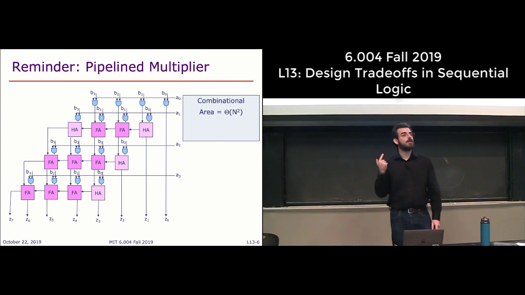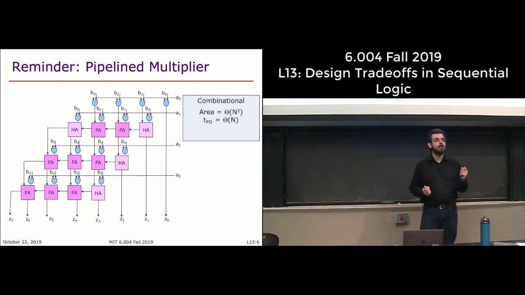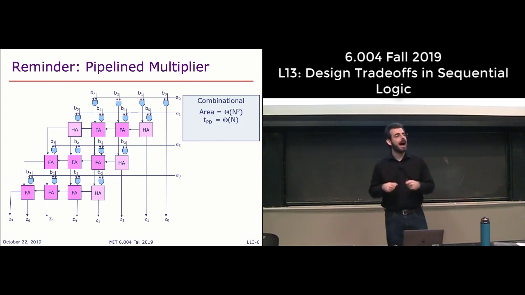Now there's one funny thing with this circuit which we saw last lecture, which is that the propagation delay is actually not quadratic. Even though each of these adders has a linear propagation delay, and you have a linear number of adders, because these adders are skewed, you don't actually have n squared delay. And so there are multiple worst case paths through here, but one of them, just to see this more clearly, is this one, right?